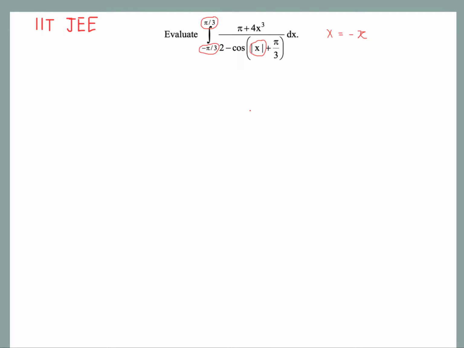So what we're going to end up with? After making the substitution, if we differentiate, dx will equal negative dx. These limits are going to swap, in a sense. This is going to be negative pi on 3, and this will be pi over 3.